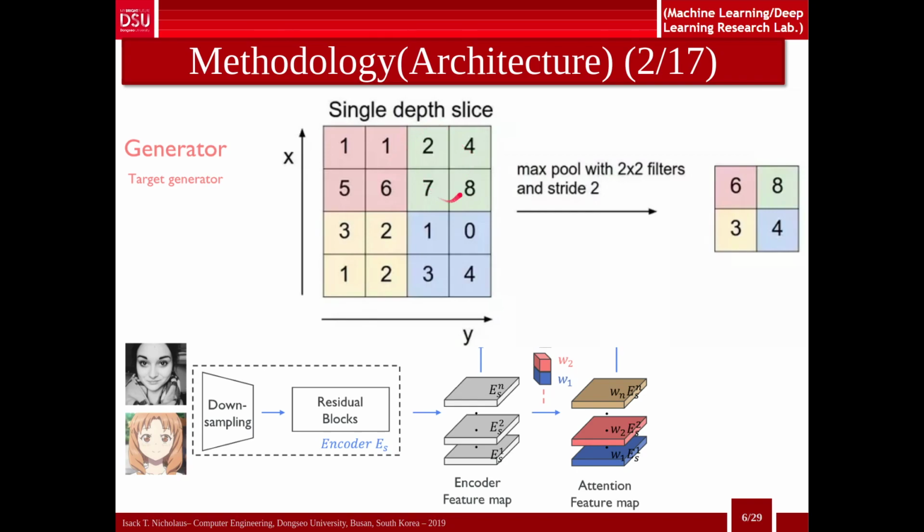In this portion here it's 8, so we take 8 as our output. Then we move 2 steps down because we reached the end here, find the maximum, and put it in the output, then move 2 steps to the right, find the maximum and put it as output.